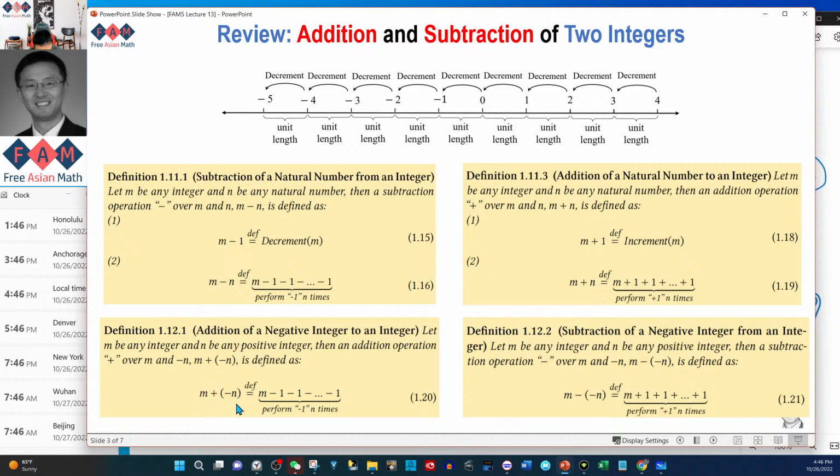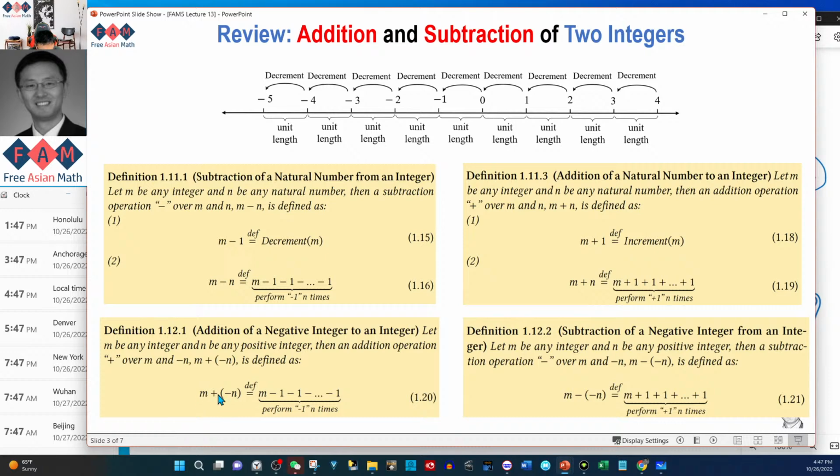So m plus negative n is nothing but m subtracting a positive integer. You can see that the two definitions are essentially the same. This is very important for the next theorem that we will prove after this review.